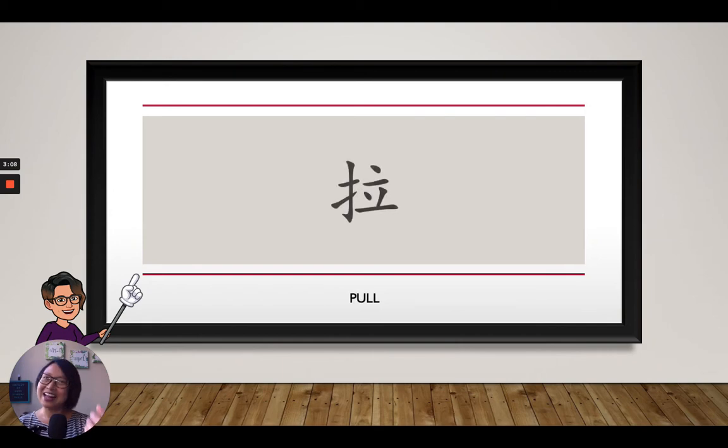It is 拉, which is to pull. So the word push and pull, 推拉, if you pay attention to those Chinese restaurants, you will see this word placed on the door for most of the restaurant. So you know whether we are to 推開門 or 拉開門.